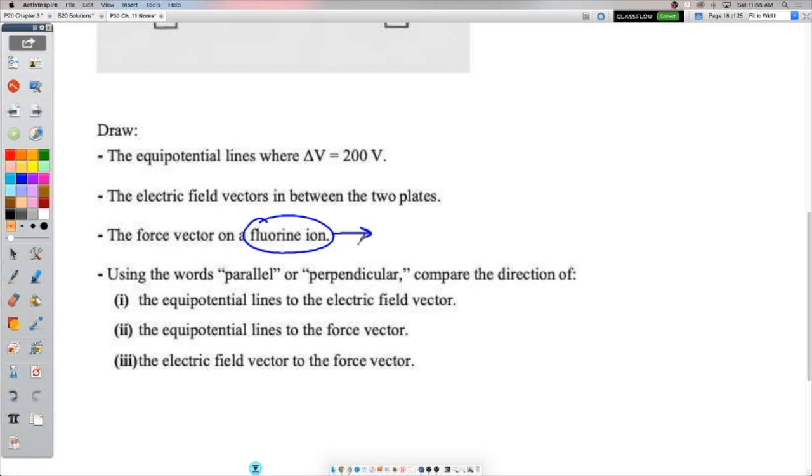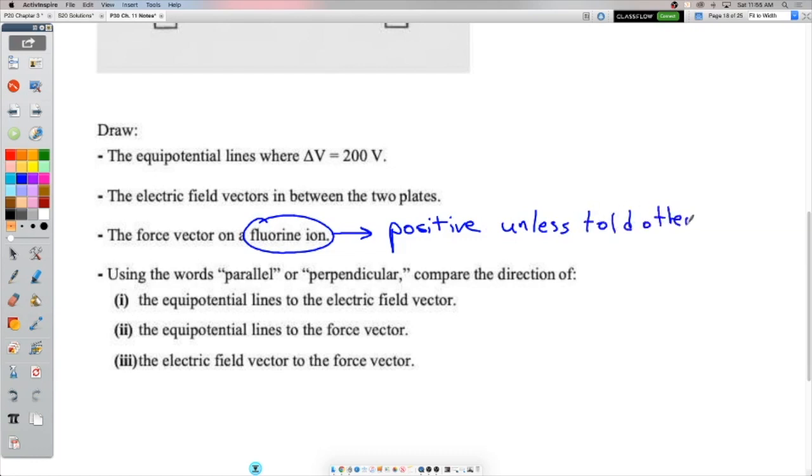But ion in physics, unless you're told otherwise, means it's positive because it has had an electron kicked out. Now in chemistry, a fluorine ion would always be an anion. It would be negative. But remember, we're dealing with different concepts and principles in chemistry than we are in physics. So ions are always positive unless told otherwise.